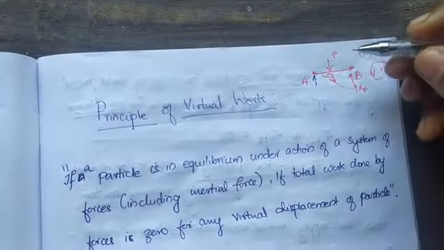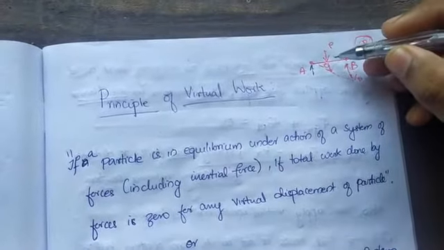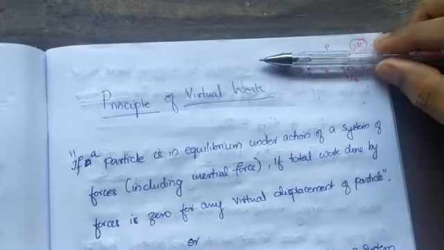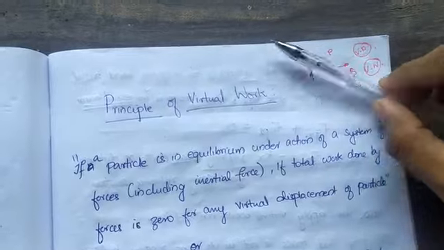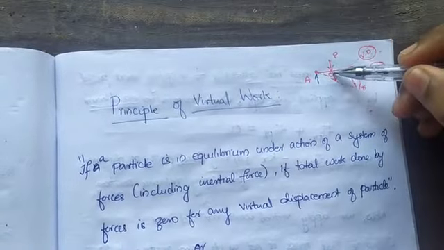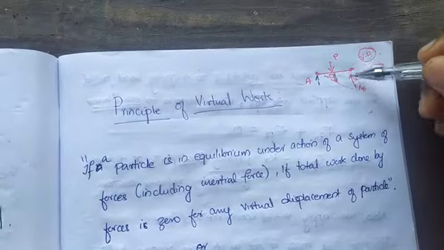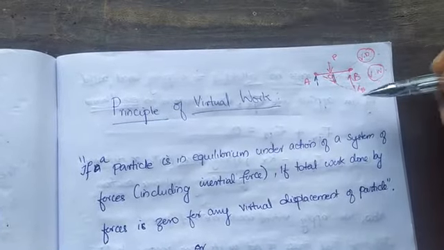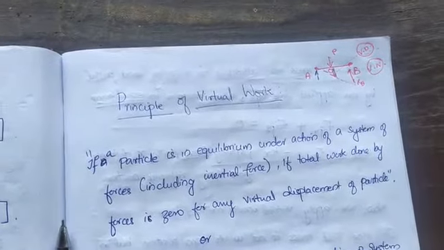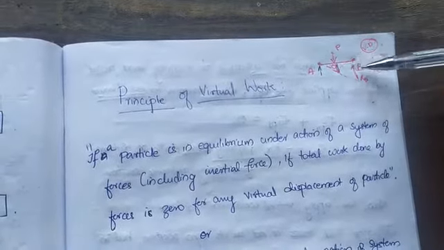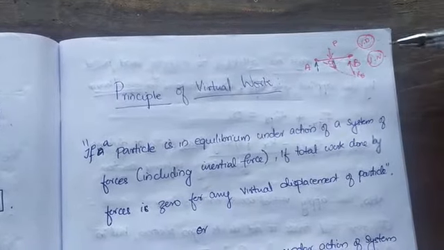So for that task, what we will do is assume that due to this force, this object is moving, bending like this, and is making a displacement of delta, and here also it is making displacement delta. So due to these virtual displacements, there will be a work.